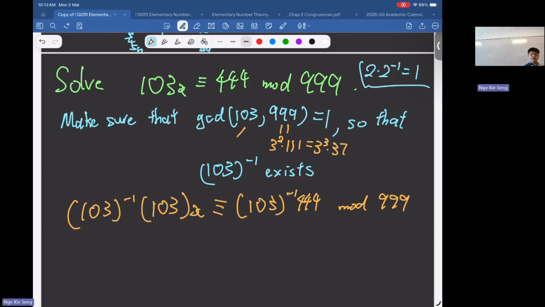Okay, how about 103? Can we split this? Any prime factorization of 103? If no, how to prove it is a prime? How to show that it's a prime? How many divisors do you need to check?